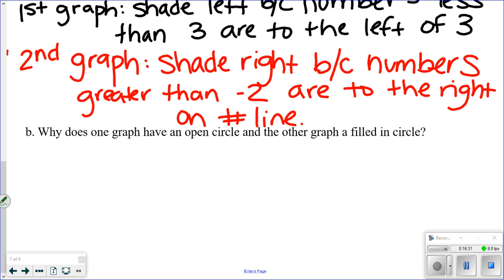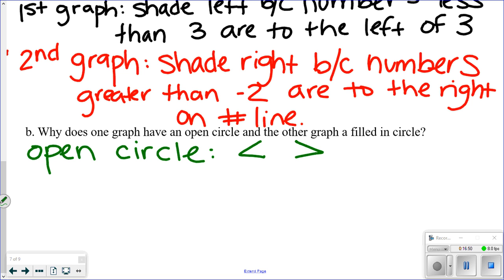Why does one graph have an open circle and the other graph has a filled in circle? We use an open circle when we have a less than or greater than symbol.